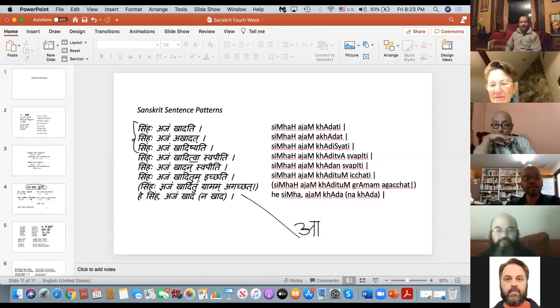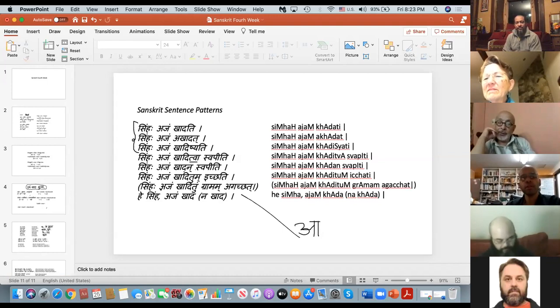With Simho jam, is the avagraha used because of the following A? Yes, there will be an avagraha, right? Simho jam khadati. Simha ajam khadati, Simho jam khadati. In North India, we call it khandakar.